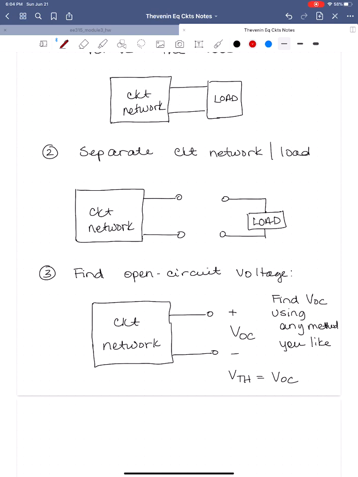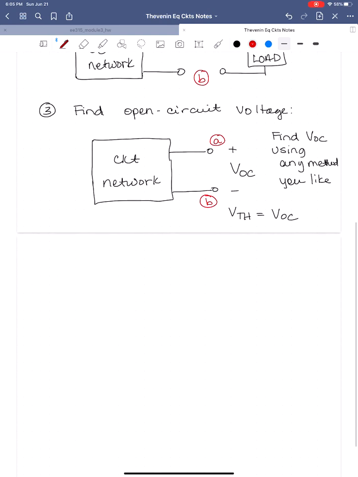So for example, I would call where these two elements were connected points A and B. This would be A here, this would be B here. And so when we draw our circuit, we would want our source and our resistor to still be relative to A and B. We'll see that as we move along.